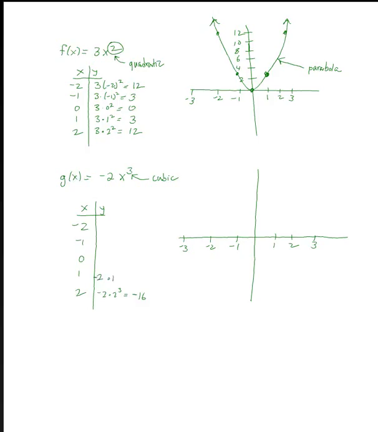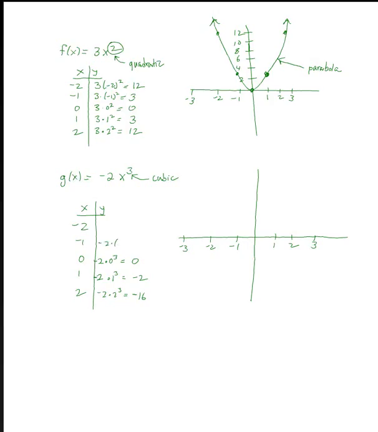Negative 2 times 1 cubed is negative 2, because 1 cubed is 1 times 1 times 1, that's 1. Negative 2 times 1 is negative 2. Negative 2 times 0 cubed, that's 0, because 0 to any power is 0. Negative 2 times 0 is 0.